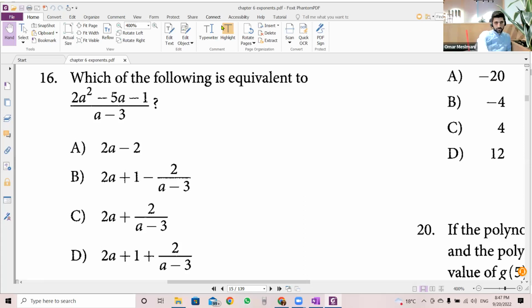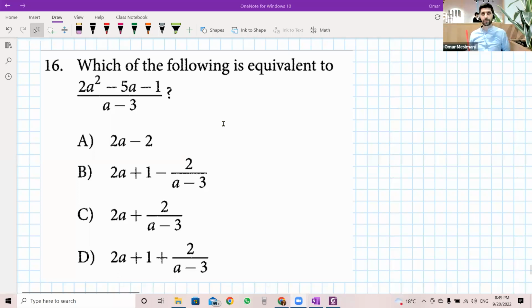Wait, so we multiply by minus 3, or 3? Silly mistake. It's 3. One second. 1 times 3 is 3. Mister, I found the answer.